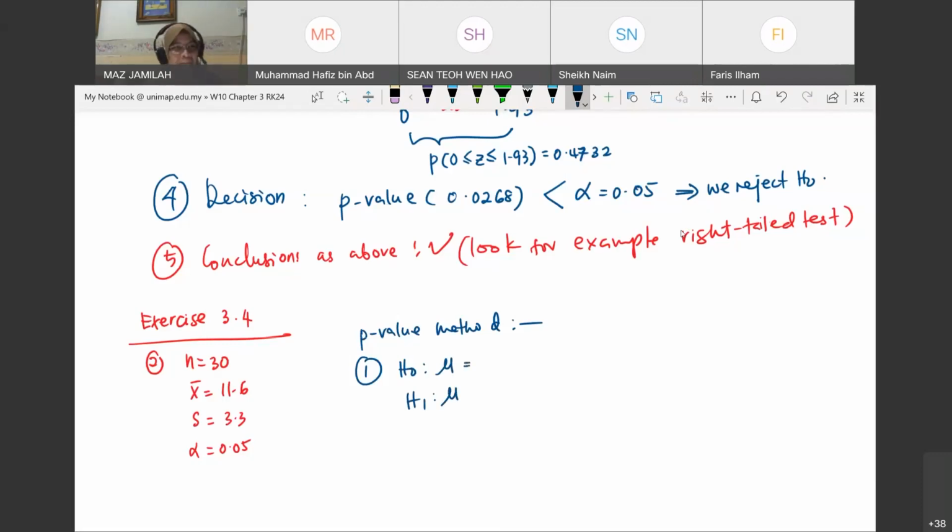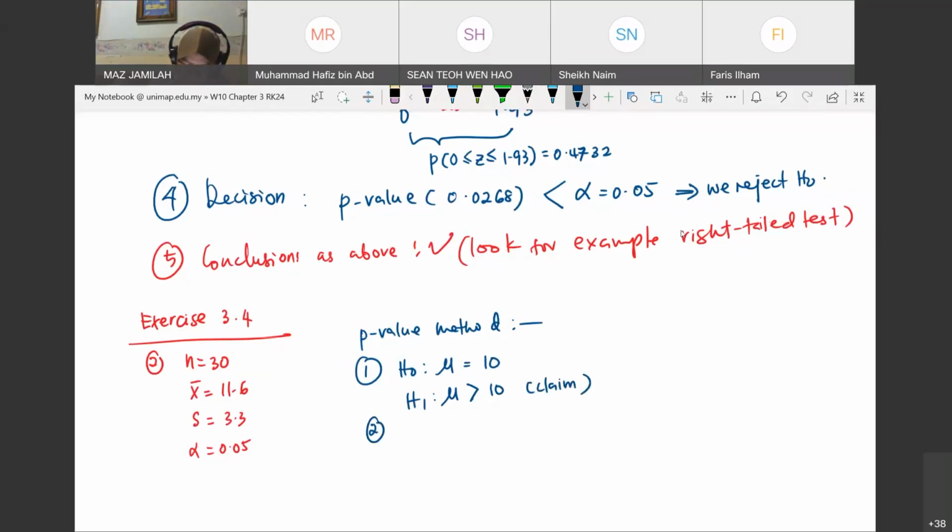Class, mu is equal to what? Mu is equal to 10, right? Okay. Mu is equal to 10. And in this case, the statement is more than 10 seconds, so greater than 10. So this would be the claim.